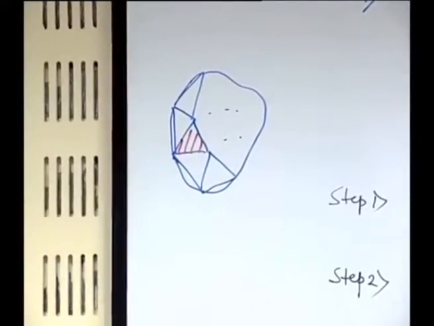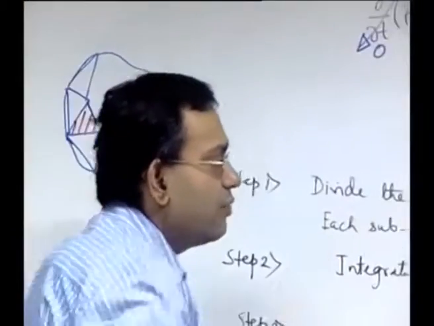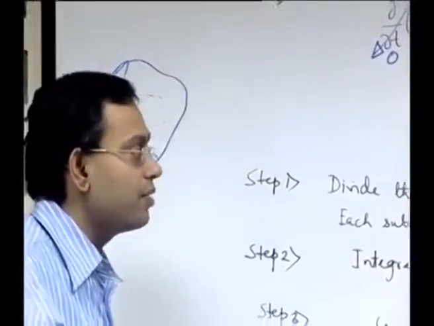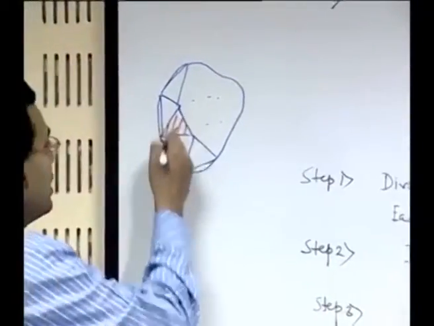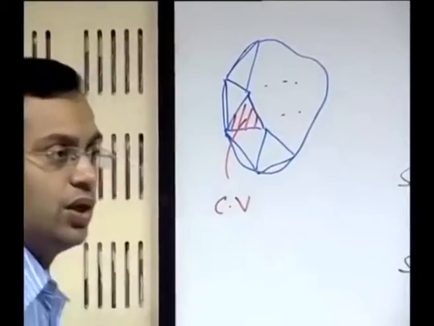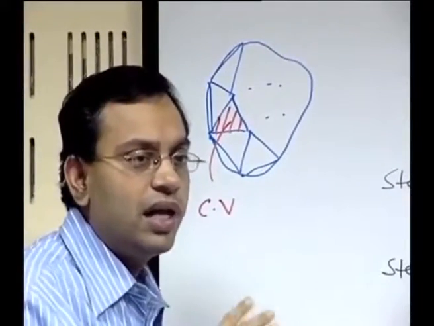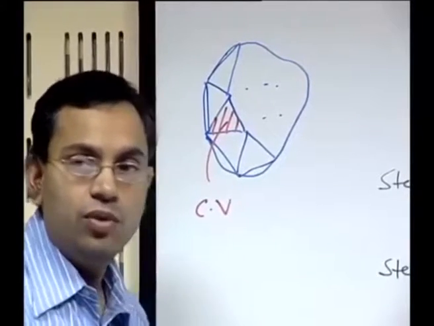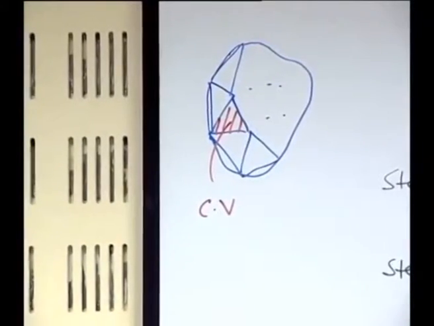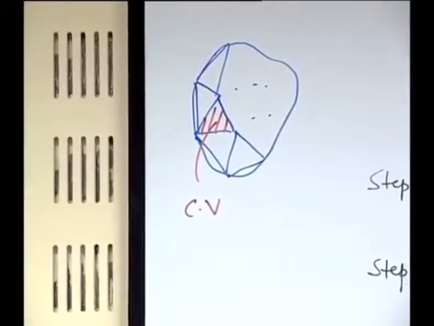Then what is the next step? Integrate the governing differential equation over each subdomain. This subdomain, remember, is an element which is called a control volume. The terminology that we will use is no more an element but a control volume, and we will see why logically this is called a control volume.